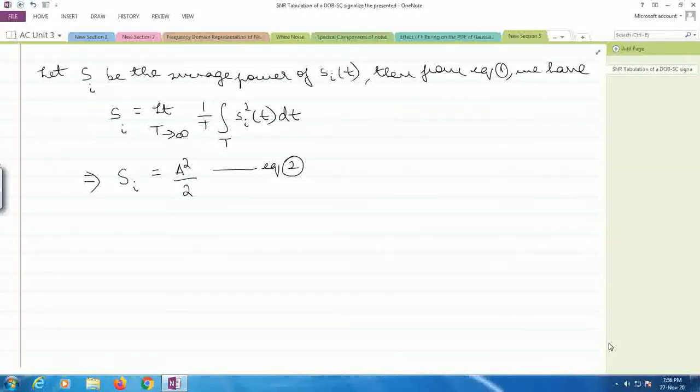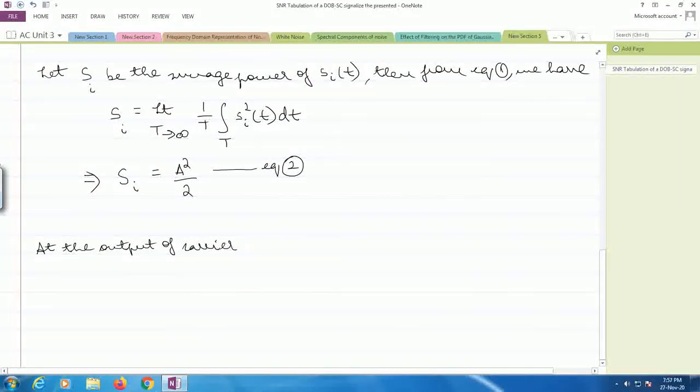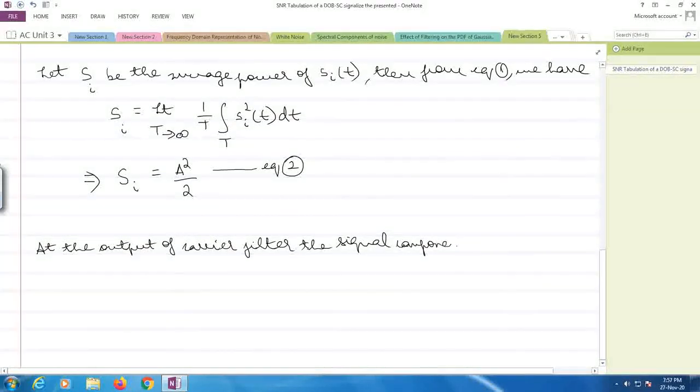So now let us calculate the power of the input signal that is available at the output of the receiver. Now let us see that at the output of carrier filter, the signal component is S2 of t.